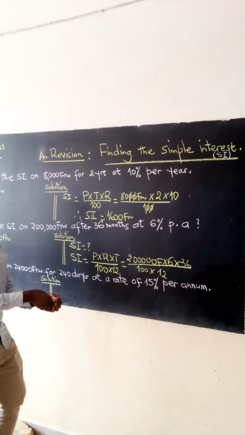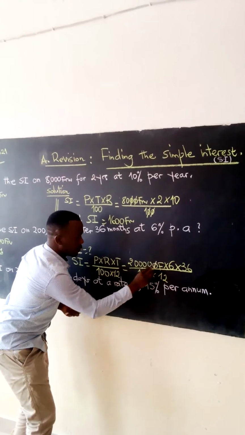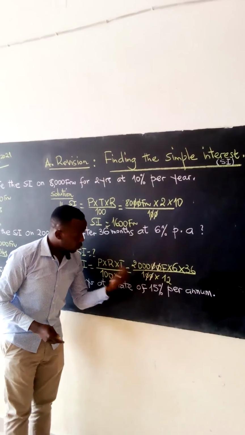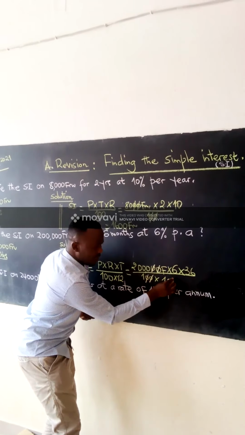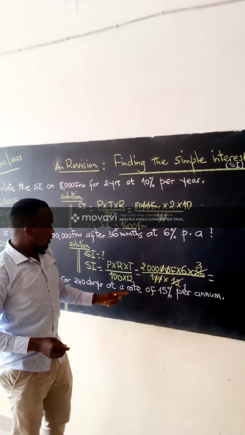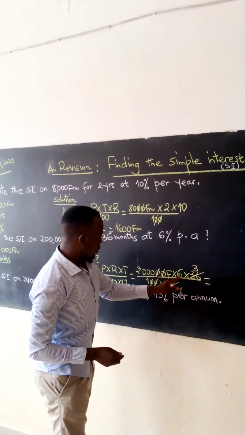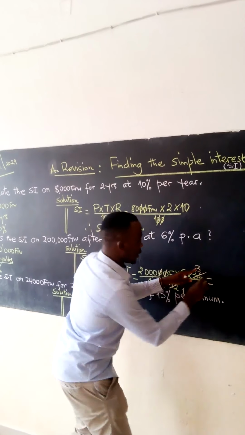Let us simplify. The two zeros, we chop them, 2 up and 2 down. Here we can simplify, it is 1. Simplify, it is 3. What will be the answer? The answer is 2 times 6, 12, times 3, 36.